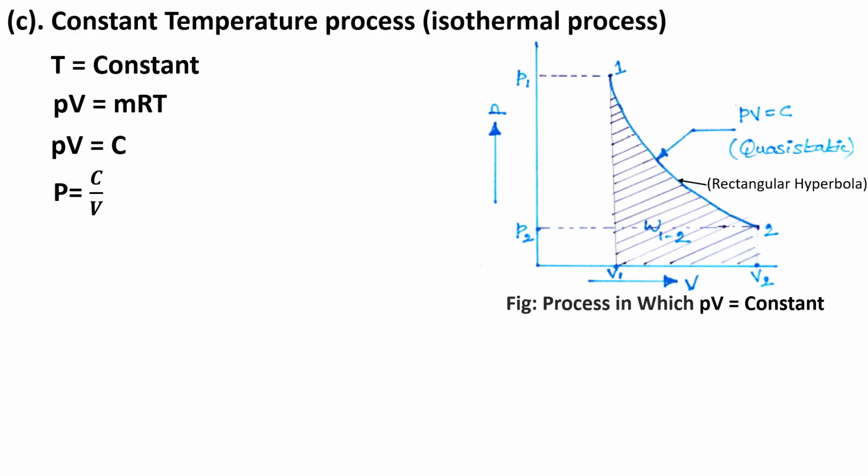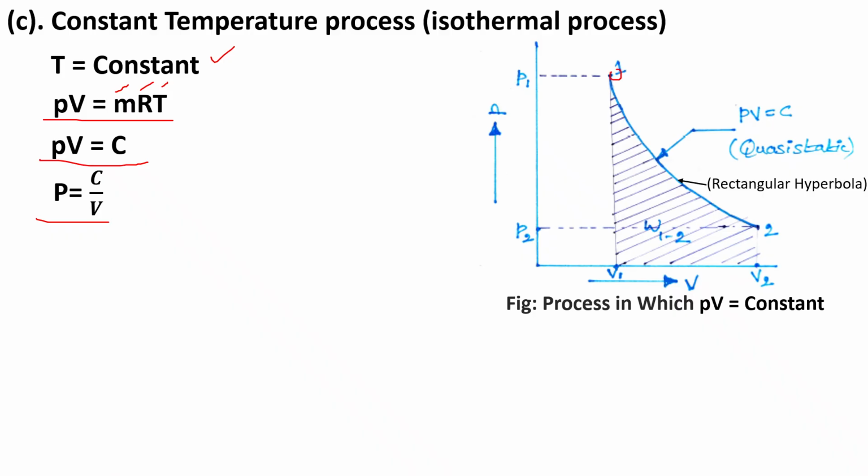Next we will discuss the constant temperature process. In this process temperature is constant, and we know the ideal gas relation, PV equal to mRT. Here m, R and T are constant, so PV equals a constant, that is PV equal to C. From this relation we can say that P equals C by V, and observe the figure. This figure represents the process in which PV equals a constant.